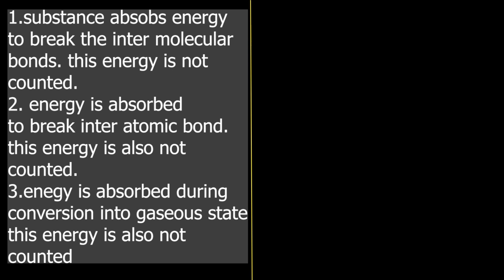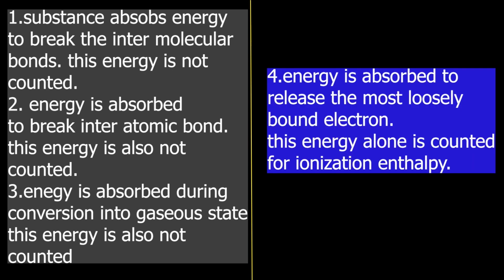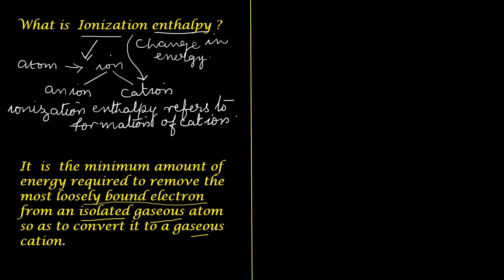You know, the energy of particles in the gaseous state is more than that in the liquid or solid state. After formation of the isolated gaseous atom only, the atom absorbs energy to release the electron. This energy alone comes under ionization enthalpy. The cation formed also is in the gaseous state.